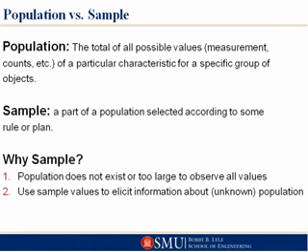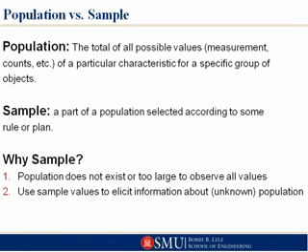And I say objects, but it could be people, manufacturing items, or products. Population is a fairly broad concept, but it is what you're focusing your measurement on, and you're going to look at all the possible values that you could draw from.